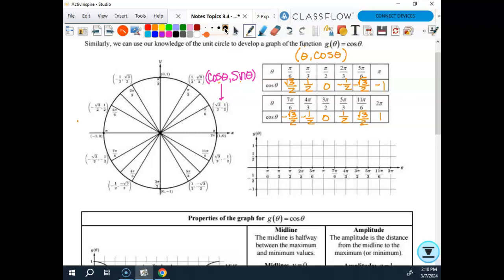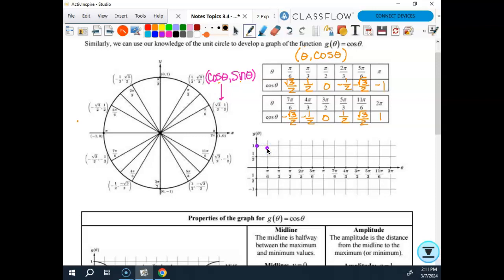Okay, we got our chart filled out. Almost. Double check it. One of the things that is missing from the chart is 0. What is the cosine of 0? 1. So at 0, I'm going to go to 1. At pi/6, that's the square root of 3 over 2, which is about 0.866.